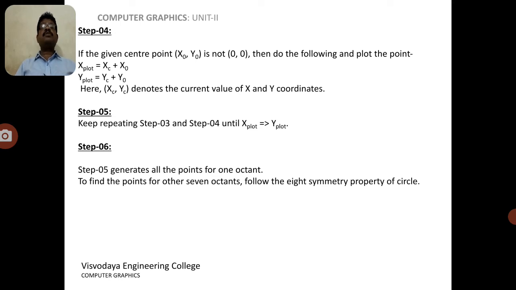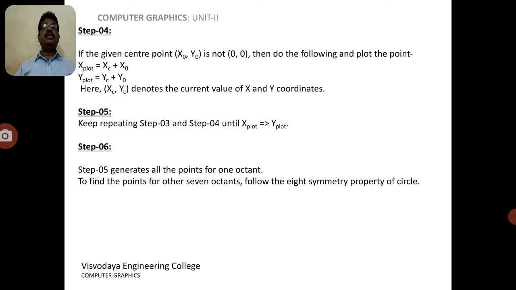Bresenham provides a concept: we continue step 3, the next parameter value, until x plot equals y plot. Whenever these two are equal, we stop the procedure. This is the major condition in the Bresenham circle drawing algorithm.